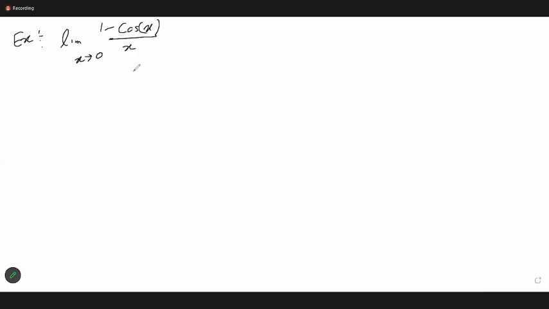What is the first step in computing a limit? The first one is just plug in the value. So what happens when you plug in the value? 0 divided by 0. A 0 divided by 0 situation. Then the next thing is, if it is 0 divided by 0, try to find the factors.